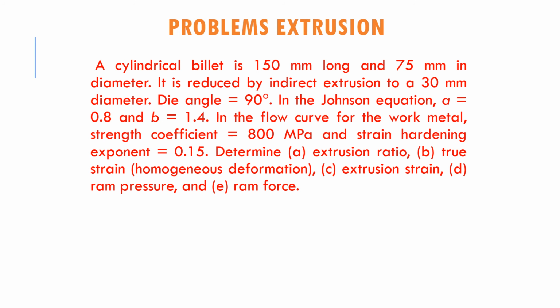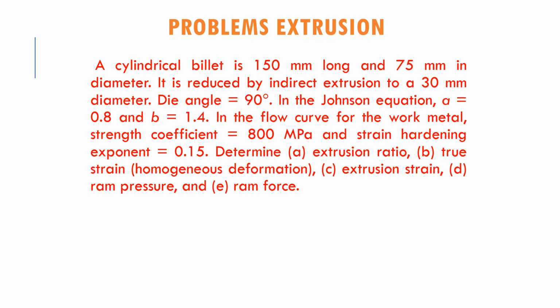Now let us look into the problem. A cylindrical billet is 150 mm long, 75 mm in diameter. It is reduced by indirect extrusion to a 30 mm diameter. So the starting is 75, and then indirect extrusion to 30 mm diameter. The die angle is 90 degrees. In the Johnson equation, a equal to 0.8, b equal to 1.4.